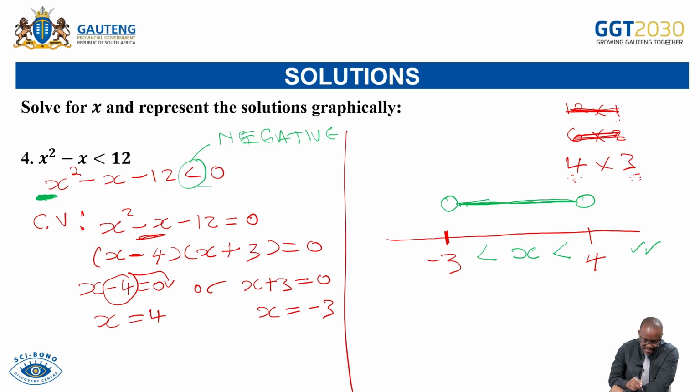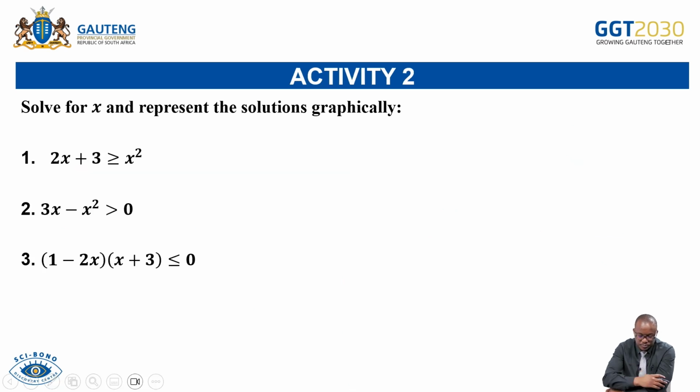So now in activity 2, we solve for x, and we also need to represent the solutions graphically. But the interesting part with this one is that now the leading coefficient is negative. Then remember we said you must always make sure that the leading coefficient is positive. So now we're looking at the first one.